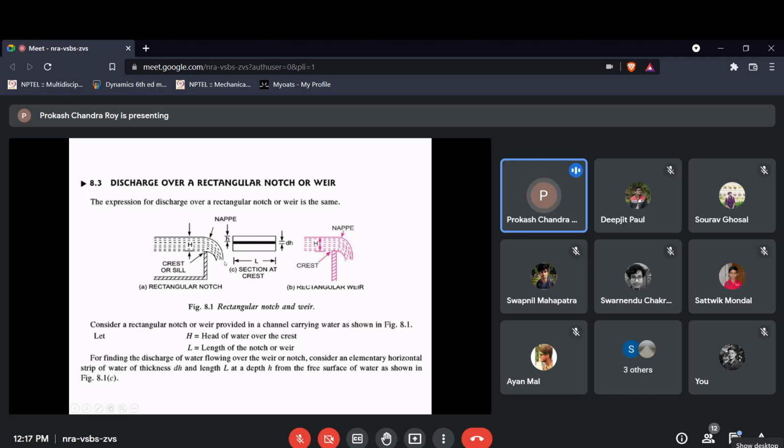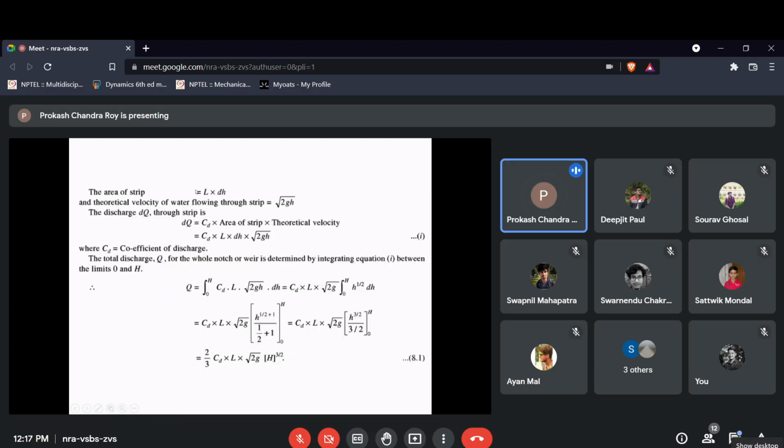Then there will be a variation in the velocity, so we will consider this elemental thickness of dH below the H. We will first measure the discharge through this elemental strip of thickness dH, and to calculate the total, we will do the integration from 0 to H. So this is the total H. Based on this understanding, we consider a strip of thickness dH.